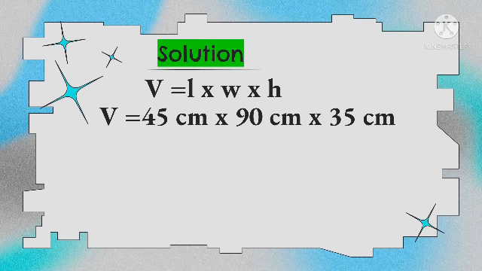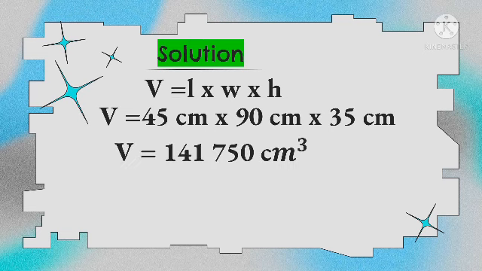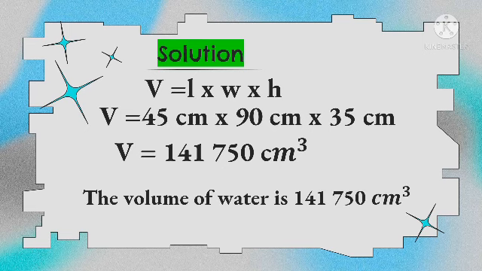Pero yung length and width is the same pa rin doon sa aquarium para malaman natin yung amount ng water. So, the volume here is when we multiplied 45 centimeters times 90 centimeters times 35 centimeters. So, the volume now is 141,750 cubic centimeters. Okay, so that is the volume of the water.